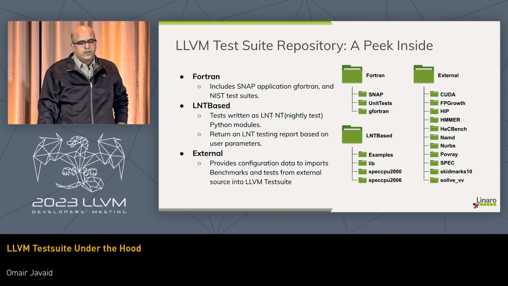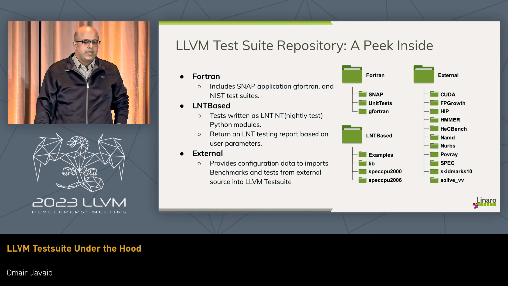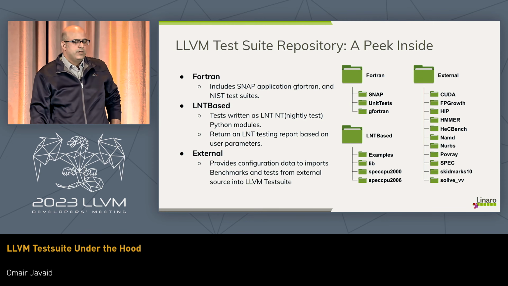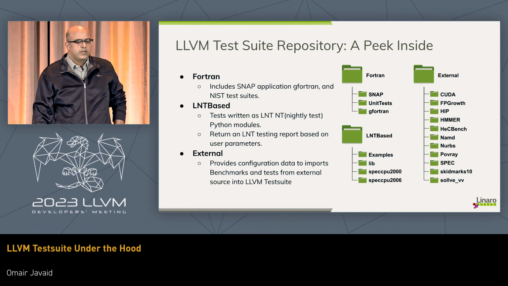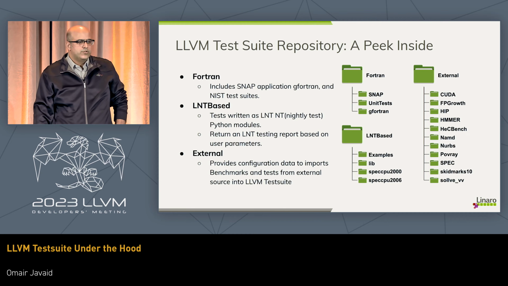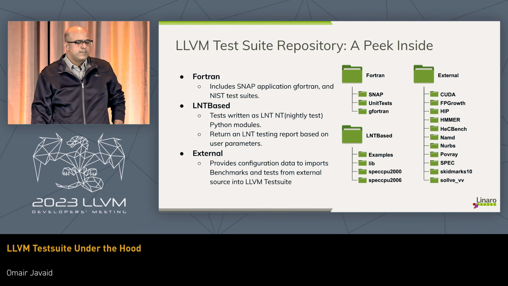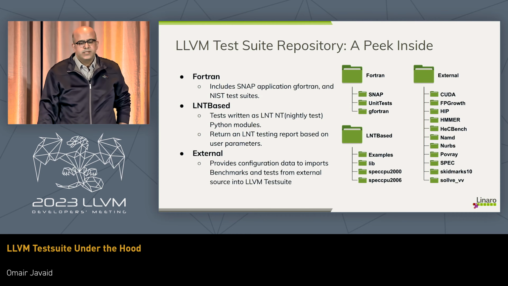The Fortran folder is a work in progress. It's been recently added, and we have the GFortran test suite recently included in that, and the NIST test suite is included, and the Snap application, which has a bunch of Fortran code, has been included in this. Then there's a folder called LNT based.